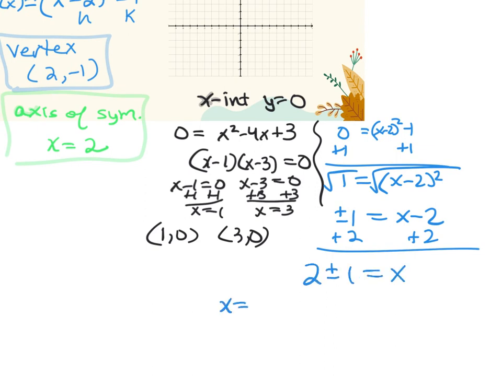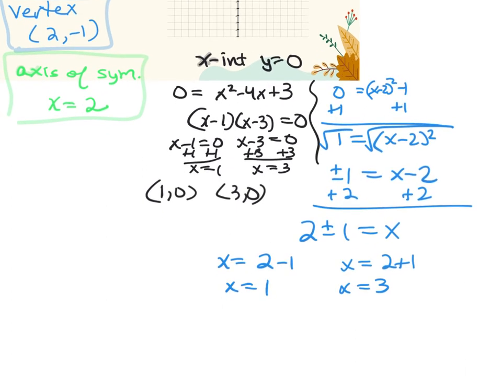So you would do x equals 2 minus 1, and x equals 2 plus 1. So 2 minus 1 is 1, and 2 plus 1 is 3. And again, you can turn them into ordered pairs. And notice it's the same that I got when I used the quadratic form of the equation.